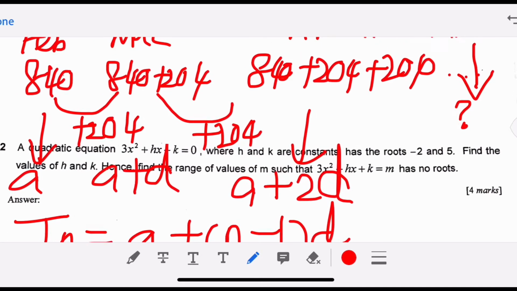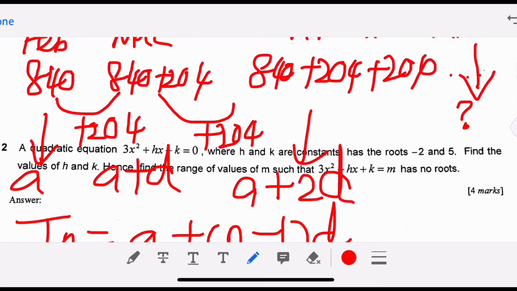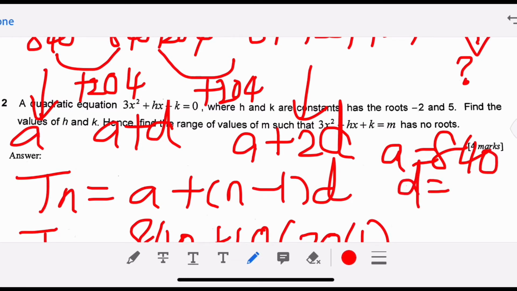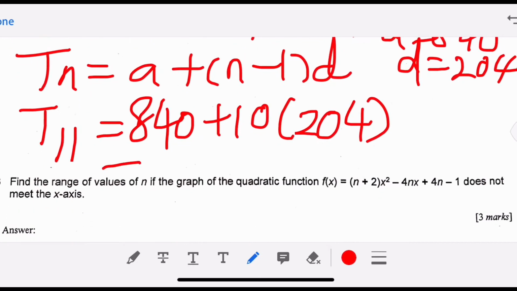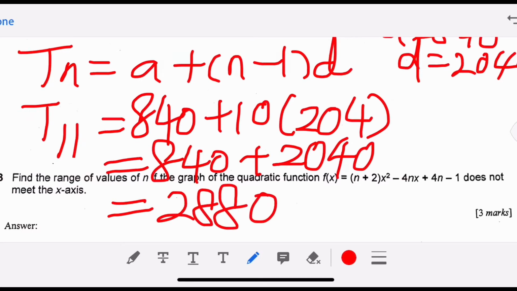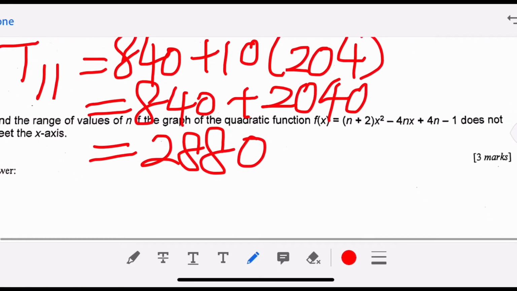You press your calculator, or you can just sum up. 204 times 10 is 2040, so you plus with 840, and your answer is a nice number, which is 2880.